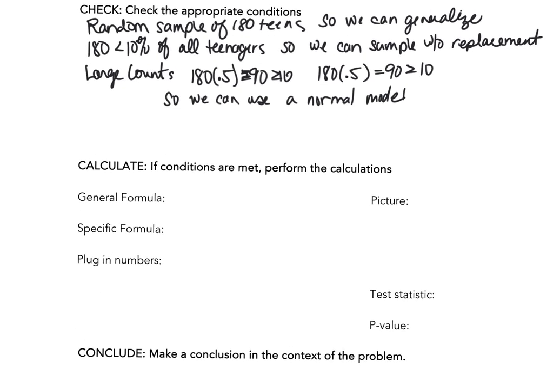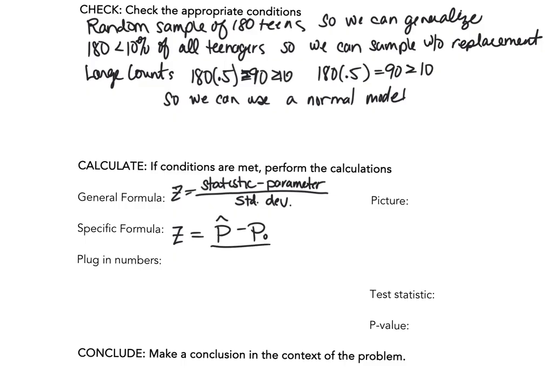Perform the calculations. The general formula is our Z is equal to the statistic minus the parameter divided by the standard deviation. In this case, our specific formula is the z-score is p hat minus p naught, that's the hypothesized value, divided by the square root of p naught q naught, or we can write 1 minus p naught, over n.